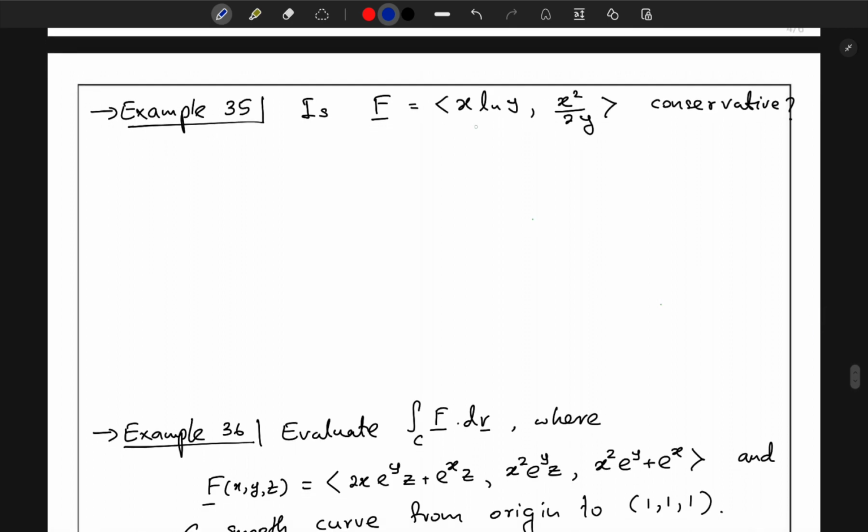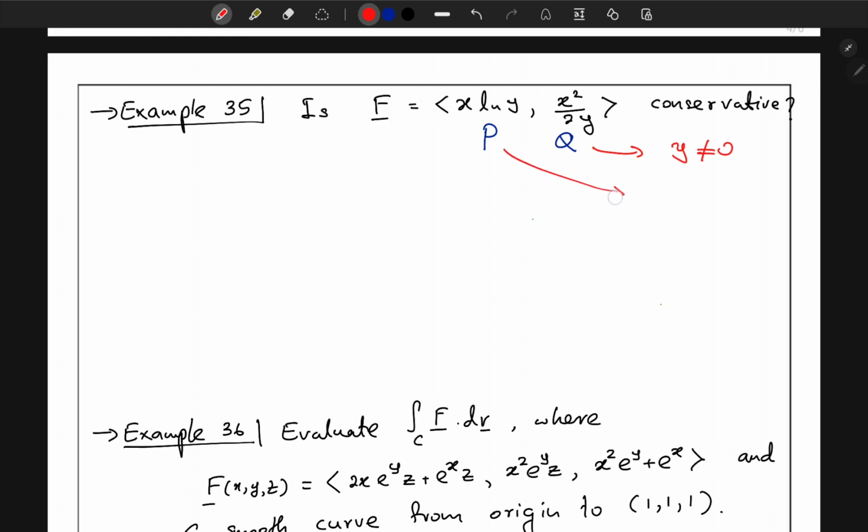Is f given by this conservative? Right, so let me label them p and q. Now the domain here has restrictions. The second term q has a denominator, so by just looking at q, I can say y cannot be 0. The denominator cannot be 0.